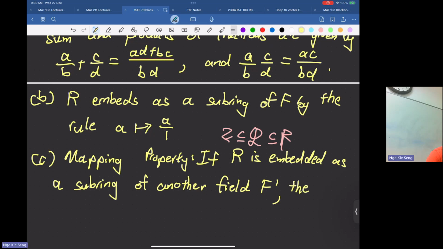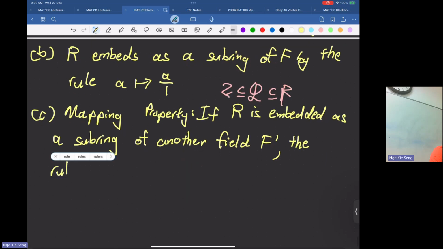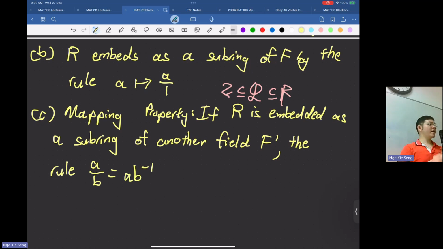We can set a rule: A over B equals A B inverse. A B inverse makes sense now, because A is a thing in the ring and B is a thing in the ring as well, but we embed them into the field.